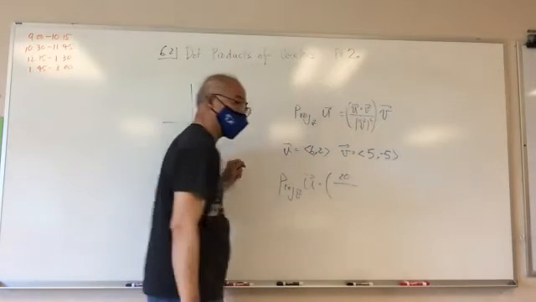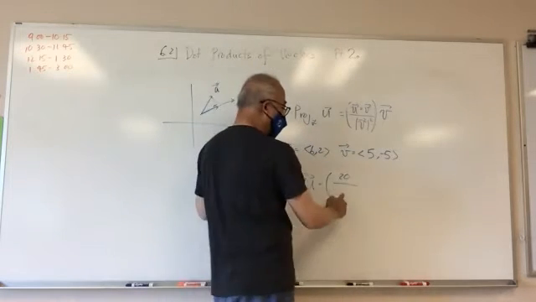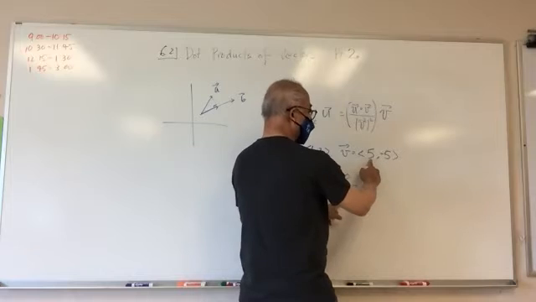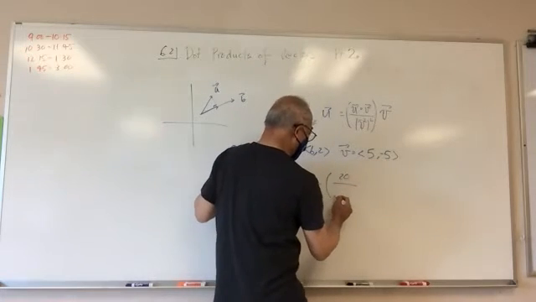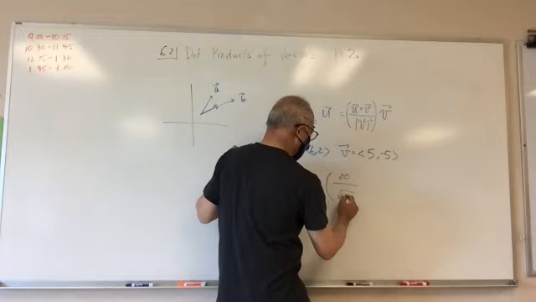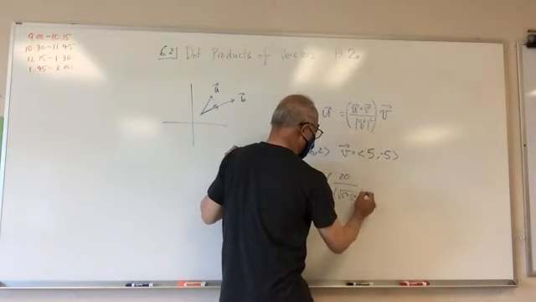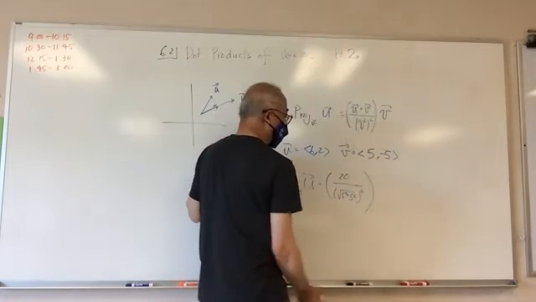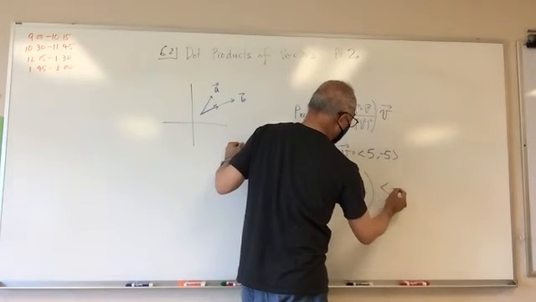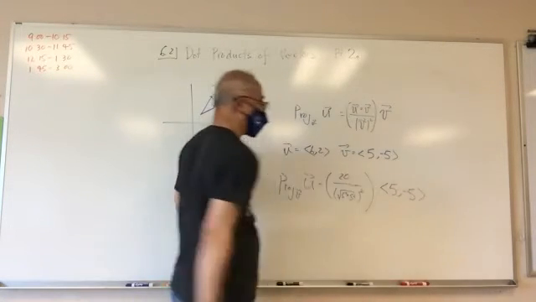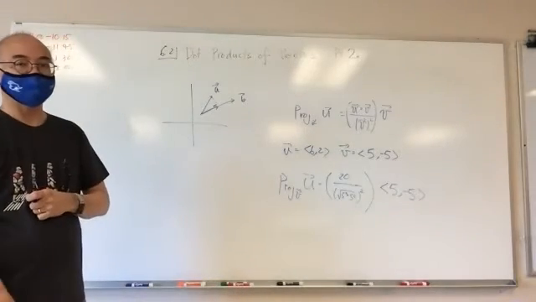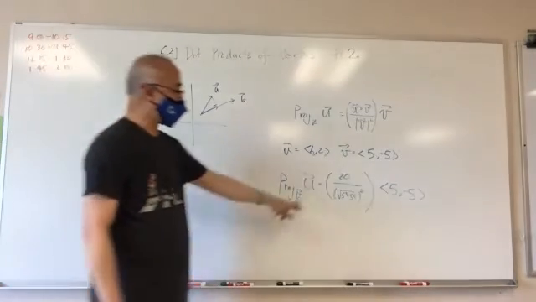Then U dot V over the magnitude of V squared. The magnitude is the square root of 5 squared plus 5 squared, and this guy squared, and then times the V vector. On the bottom, what am I going to get?